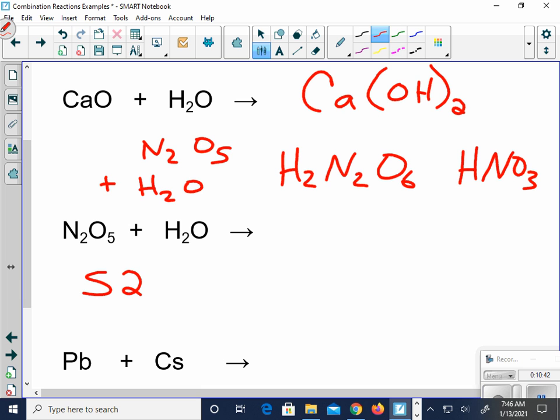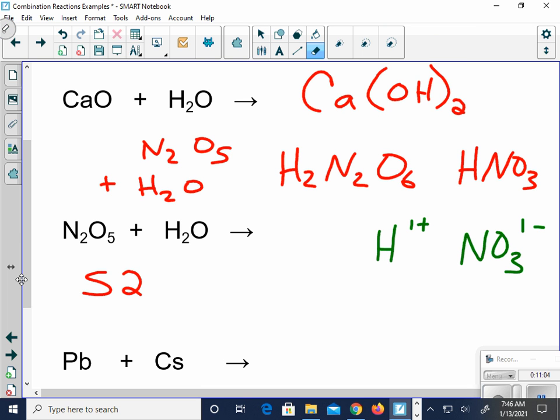Well, does that make sense? Hydrogen is a 1 plus. What is NO3? What is nitrate? Is it a 1 minus on my ion sheet? Absolutely. So does that make sense to have a 1 plus and a 1 minus, this oxyacid? Absolutely.